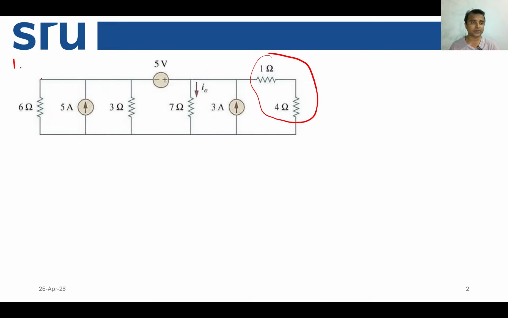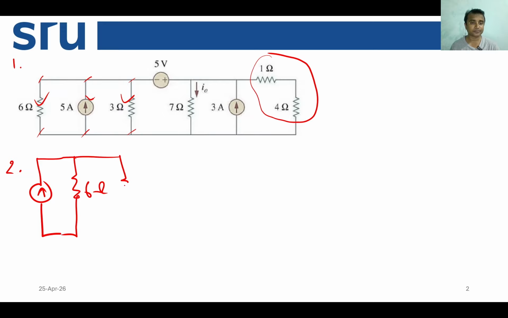This particular terminal, this terminal, this terminal and this terminal are actually the same, and this and this are also the same. So this element and this element are connected in parallel, so they can be swapped. We can write it down pretty easily. The current source comes on the left, then the 6 ohm, then we have 3 ohm, so we connect them.